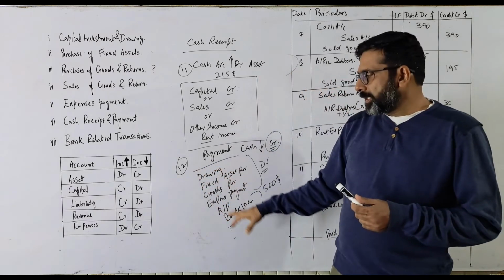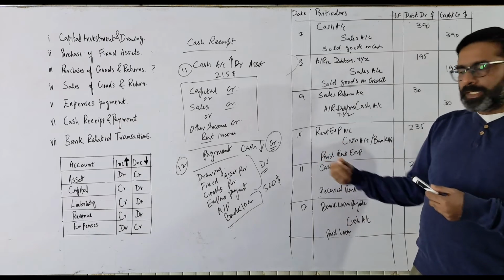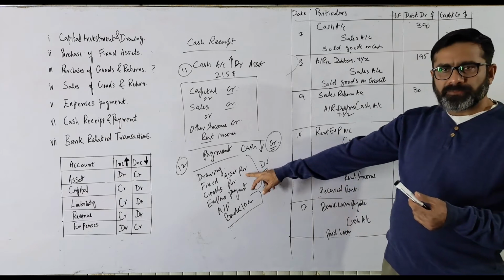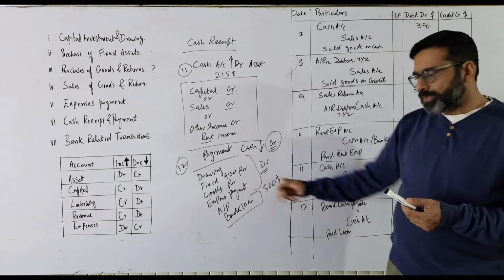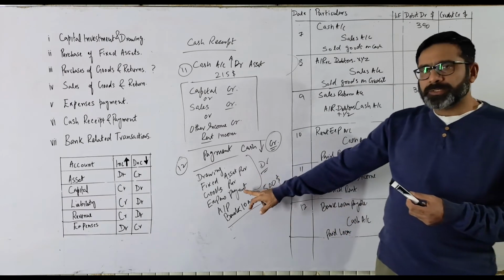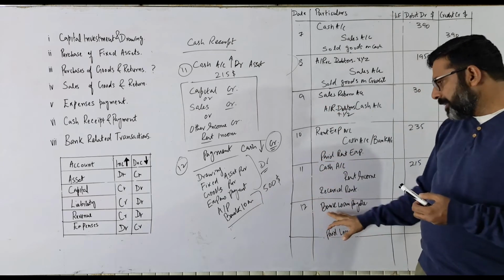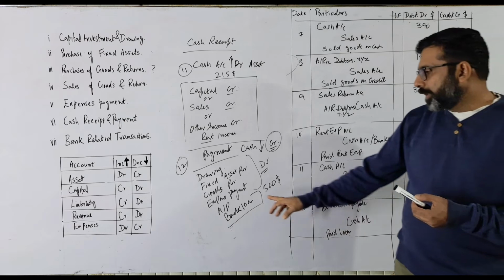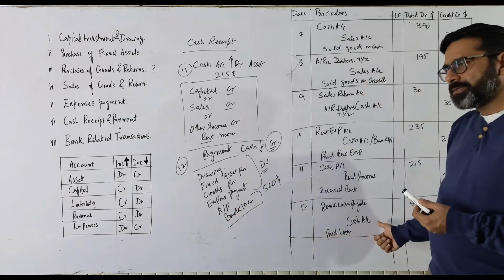So all these things: drawing is debit, and bank loan too. If the owner is using the money, if it is a purchase of fixed asset, it will be debit, cash credit. If it is a goods purchase, goods will be debit, cash credit. If it is expenses, any expense, rent, advertisement, that will be debit, cash will be credit. You are paying the suppliers, so account payable will be debit and the cash will be credit.